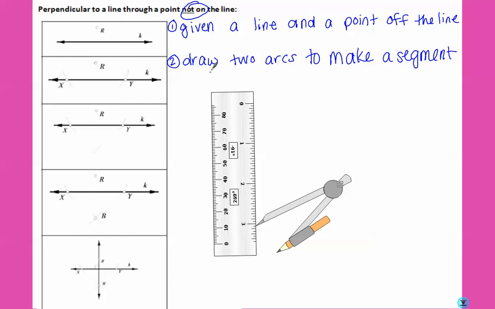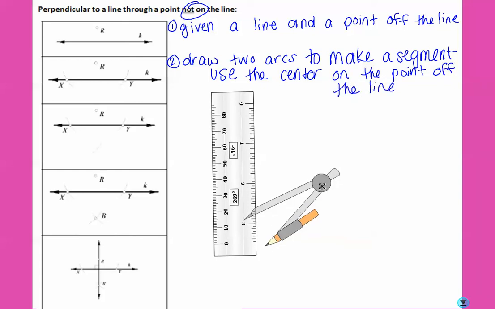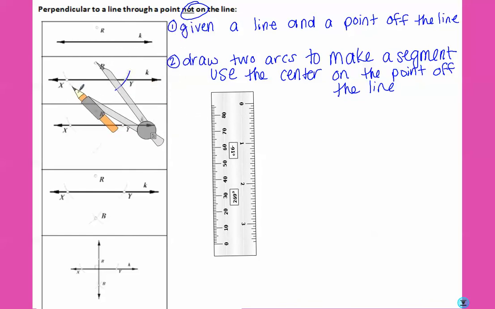When we do this, we're going to use the center on the point off the line. So I'm going to take my compass, put the center on that point off the line, and then I'm going to draw my arc from there, and then I'm going to not move it, not make it any wider, just going to spin it around and put my arc on the other side.